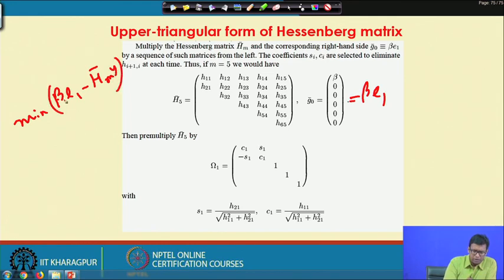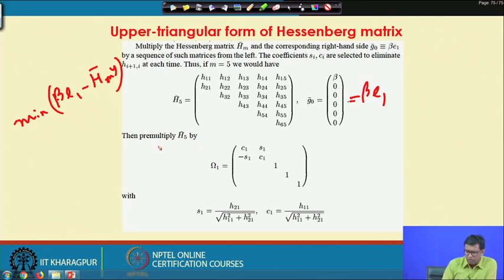If I do a transformation on H bar m, or if I multiply H bar m with omega i, I should also multiply beta e1 with omega i, so that it carries the meaning. So, the entire thing is being multiplied by the same matrix.